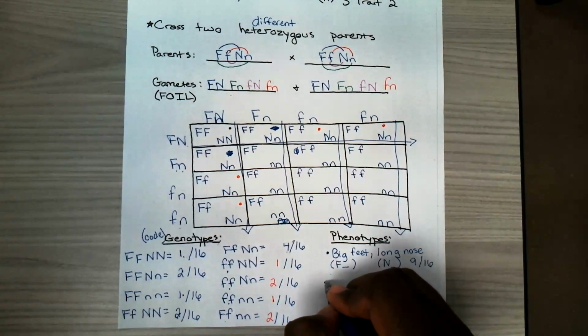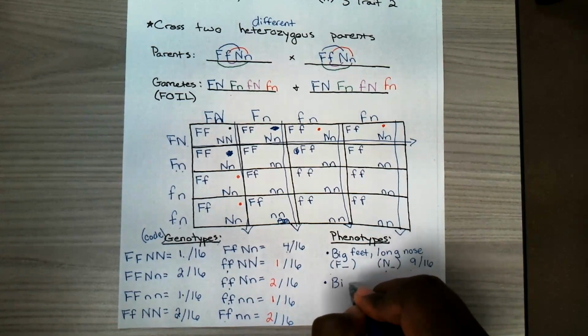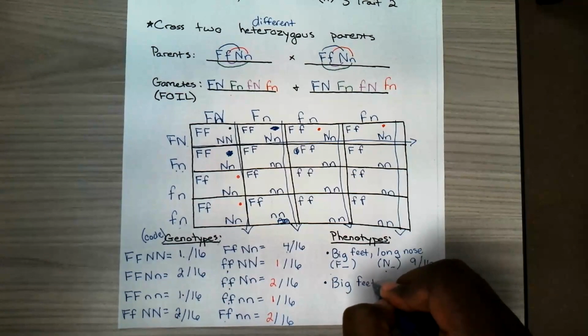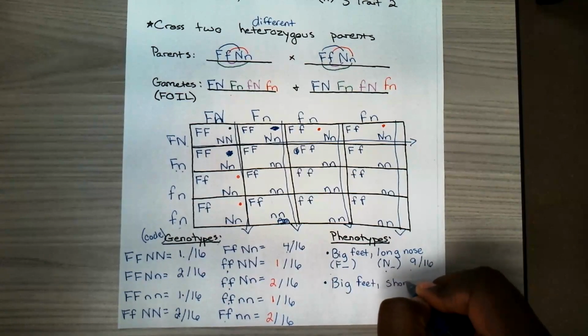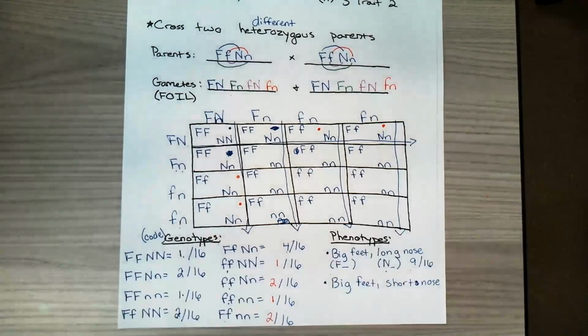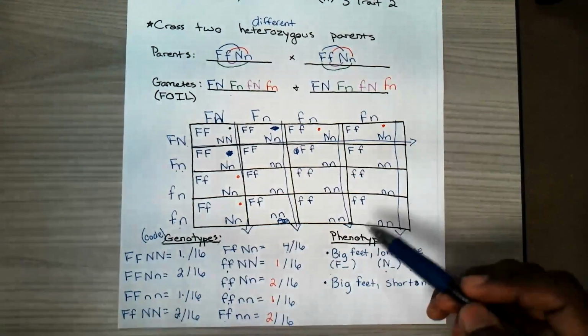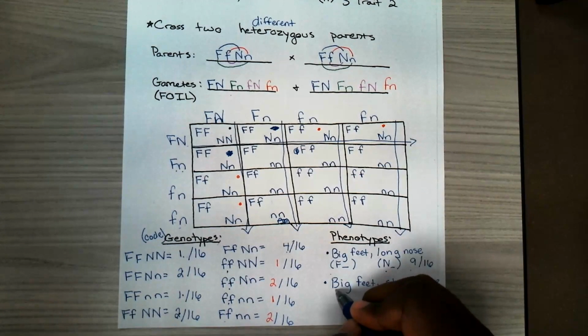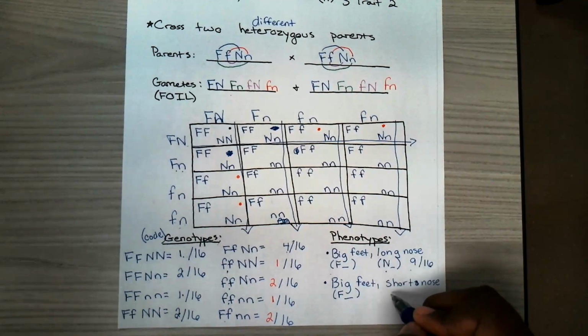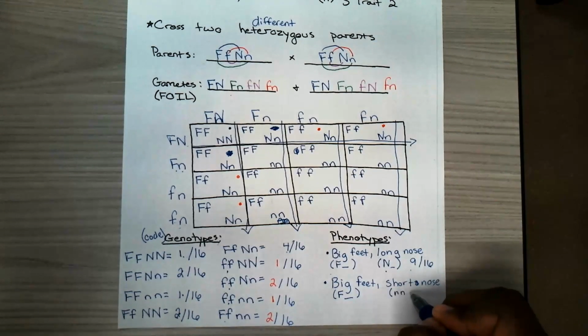Okay. Second phenotype we can see, where we can actually see the trait: big feet, short nose. So, which means it has to have both big F and it has to have 2 little N's.